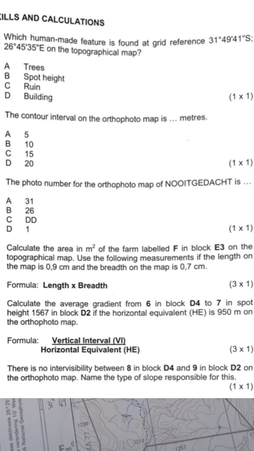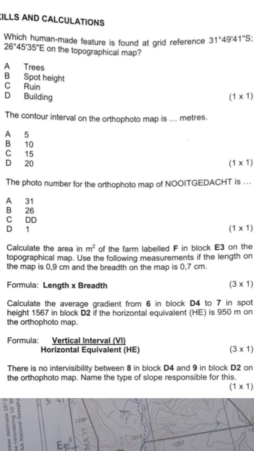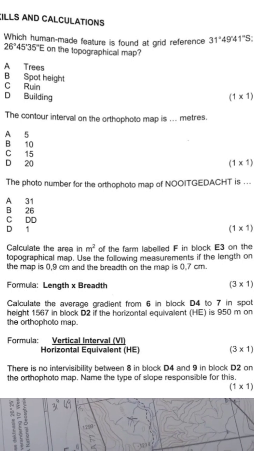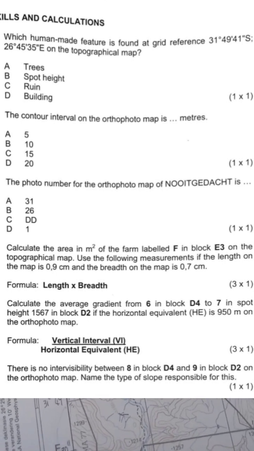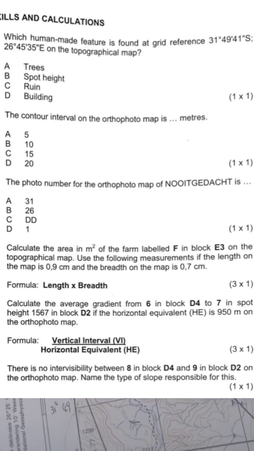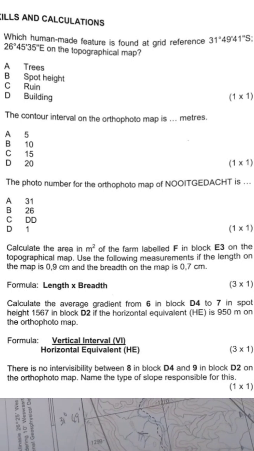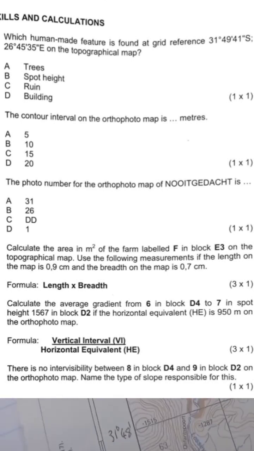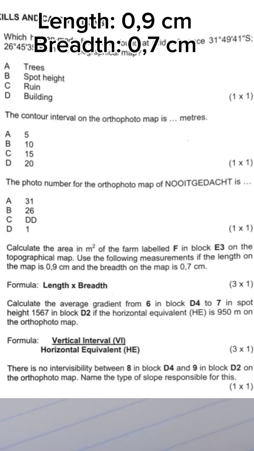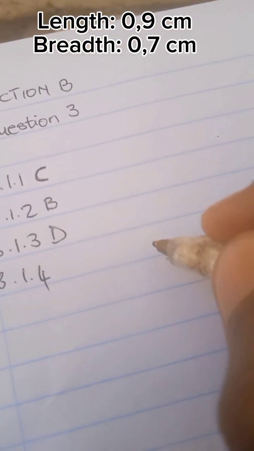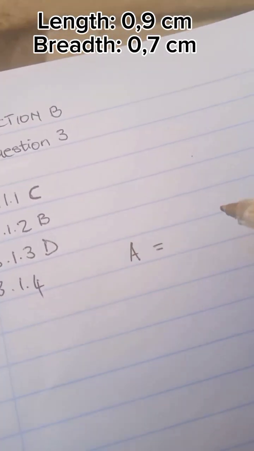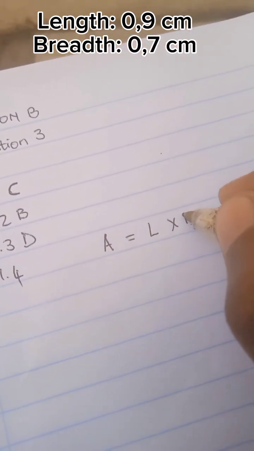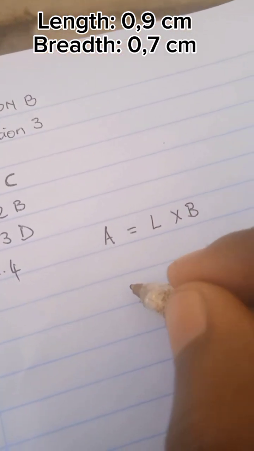Use the following measurements: the length on the map is 0.9 centimeters and the breadth on the map is 0.7 centimeters. So they are giving us the length, they are giving us the breadth. So we are given the dimensions. In order to calculate the area, we use the formula length multiplied by breadth.